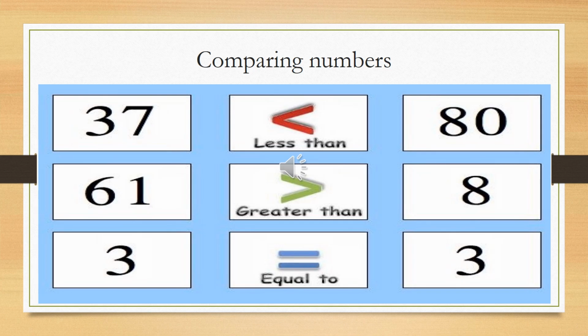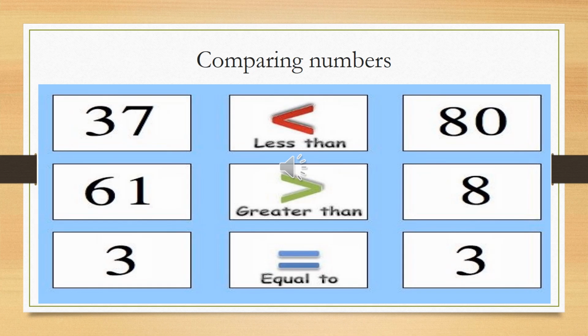Now we need to know which one is larger and which one is smaller. 37, 80. If I compare these two numbers, which number will be bigger, kids? Yes, 80 will be bigger. That's why the birdie has opened its mouth towards the 80.